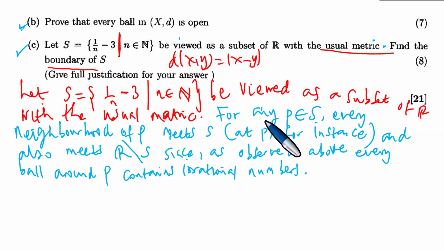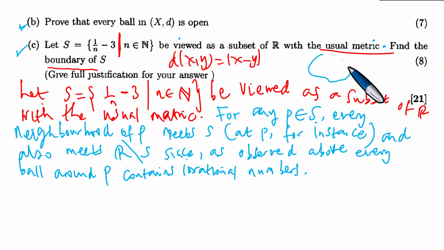For any point, we pick a random point P in S. Every neighborhood of P, well, the neighborhood becomes an open set that contains P. It need not be an open ball, but an open set that contains P is what we call a neighborhood of P. So every neighborhood of P meets S because P is a member of S.